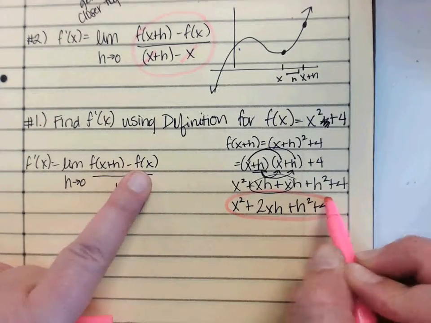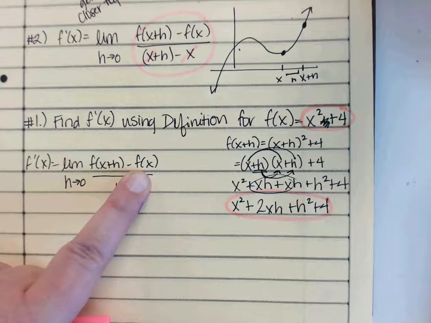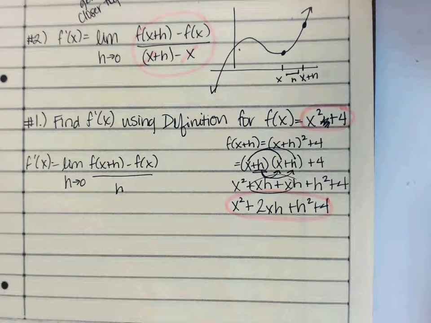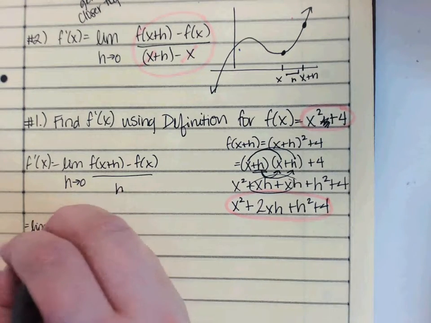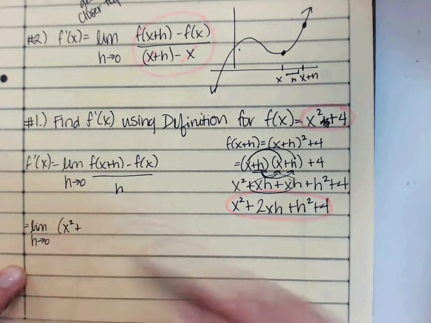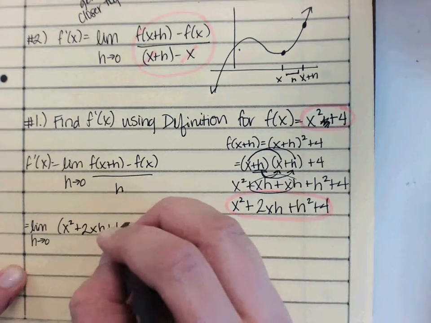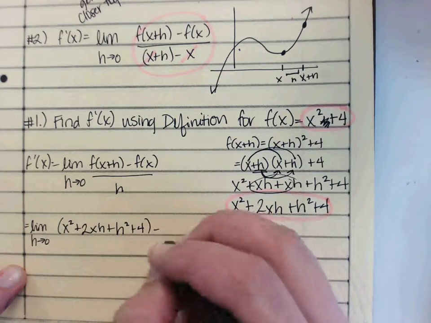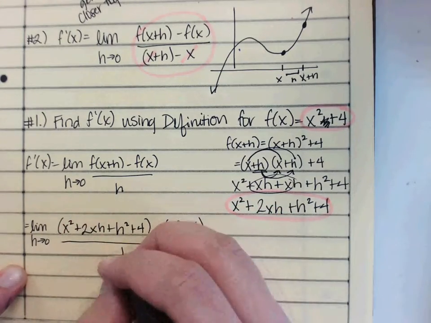We're going to replace regular f of x with this. So we're subbing our definition for like equations instead of function names. So limit h approach 0, stays in the front. X plus h is this. X squared plus 2xh plus h squared plus 4 minus x squared plus 4 all over h.